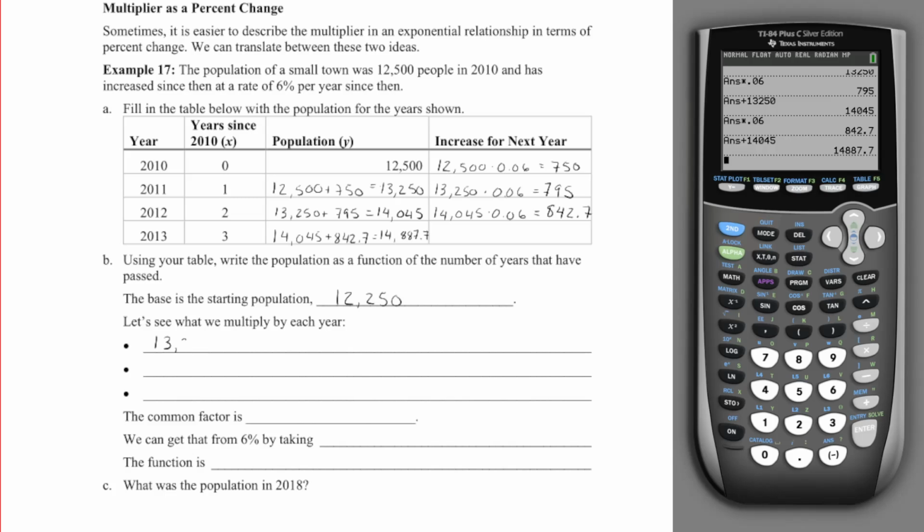So we'll take 13,250 divided by 12,500 is 1.06. Interesting. 14,045 divided by 13,250, huh, 1.06 again.